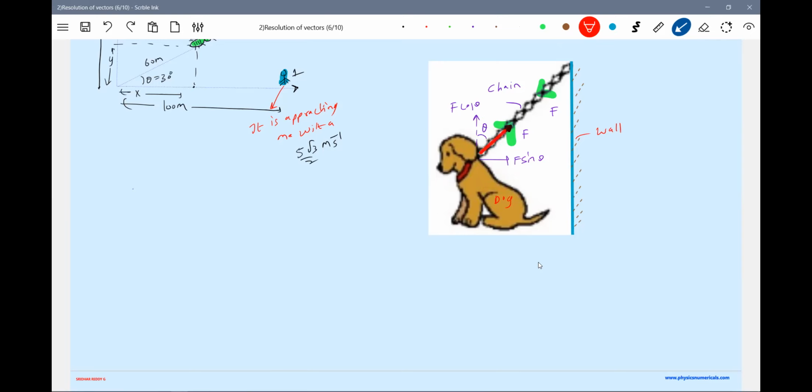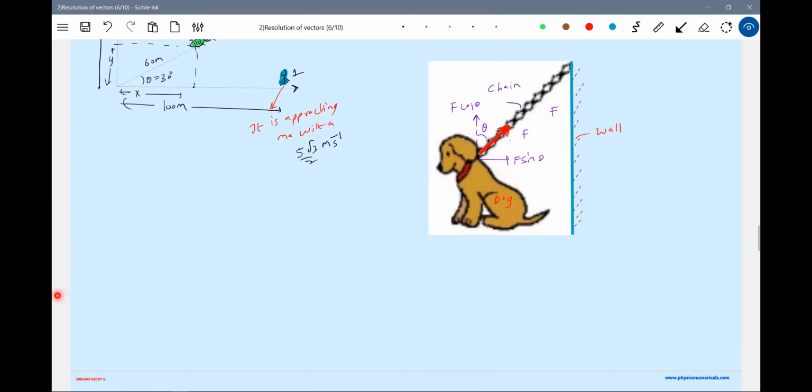Like that, I can split it up. We'll keep this F. It'll be easy for you. So what is F cos theta? The force exerted by the chain on the dog vertically up. What is F sin theta? The force exerted by the chain on the dog horizontally.